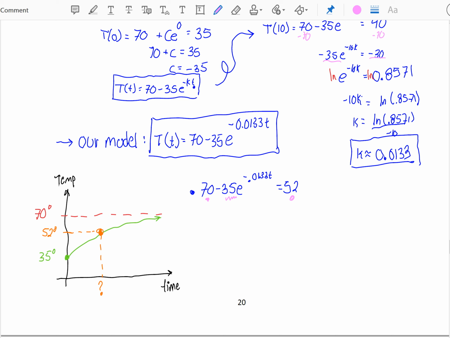So 52 minus 70 is negative 18, and then I'll divide that by negative 35. So I'm going to get e to the negative 0.0133t is equal to, and I'm going to write my answer to 4 decimal places, 0.5143.